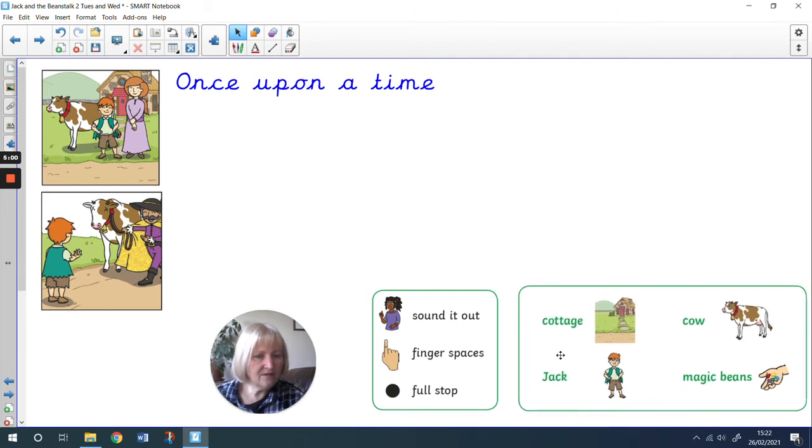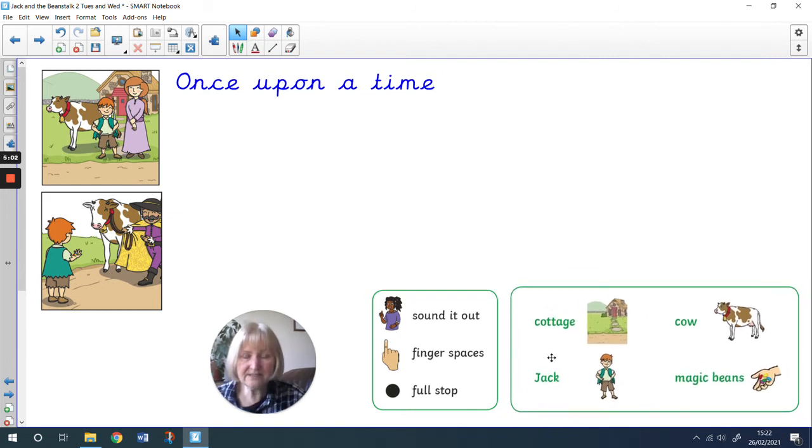And the box, the words and the pictures in the green box, they're to help you with some spellings for this part of the story. So we've got the word cottage, we've got the word cow, we've got the word Jack, and we've got the words magic beans.